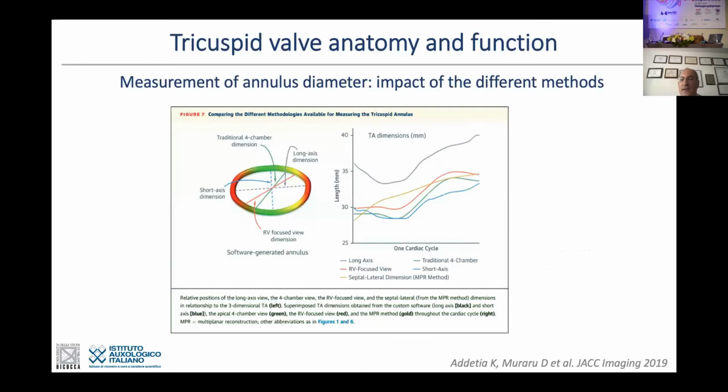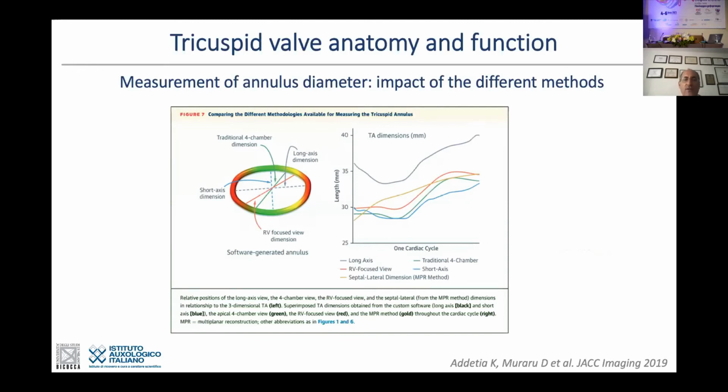This has been done a few years ago together with the group of Chicago, Roberto Lang, Karima Addetia, with Denisa Muraru as first author of this paper, where we described the normal morphology and the geometry of the tricuspid annulus using three-dimensional echocardiography.